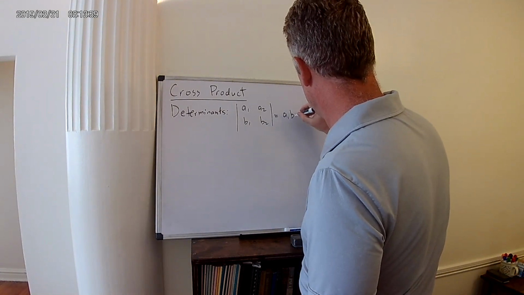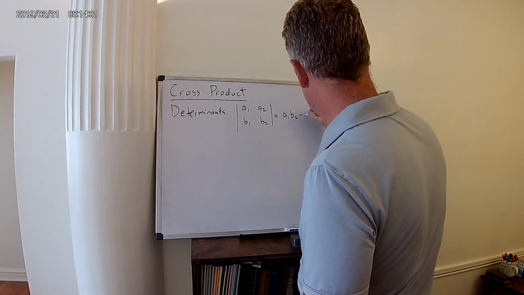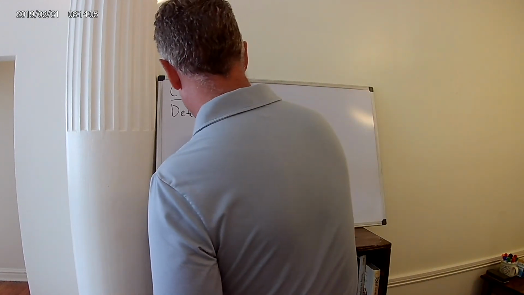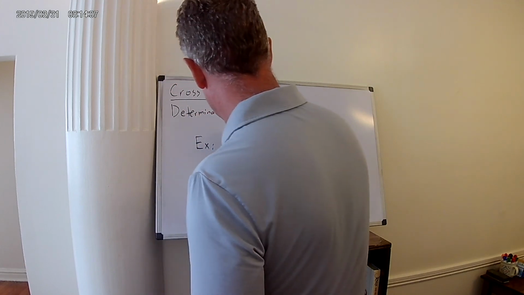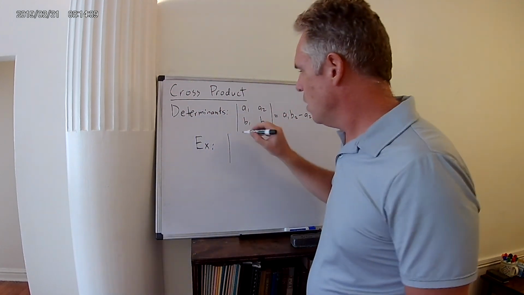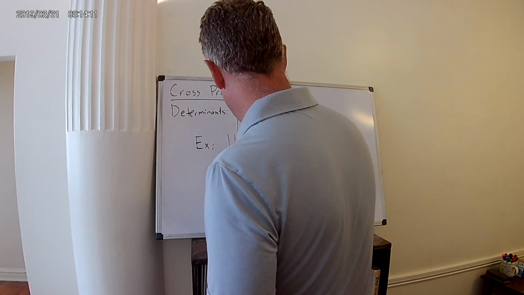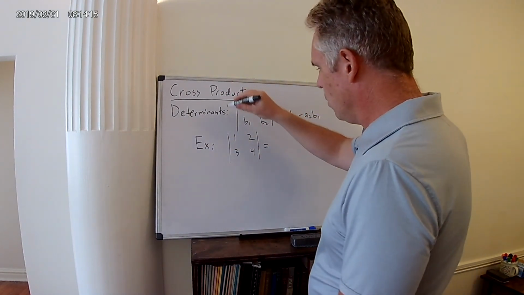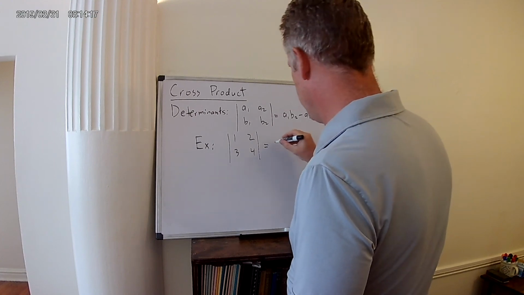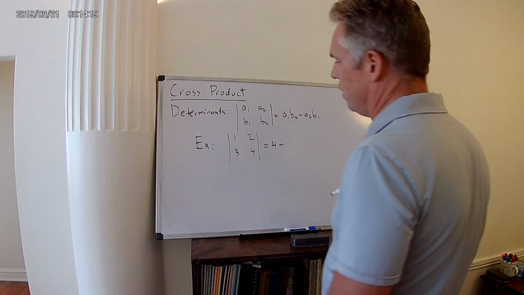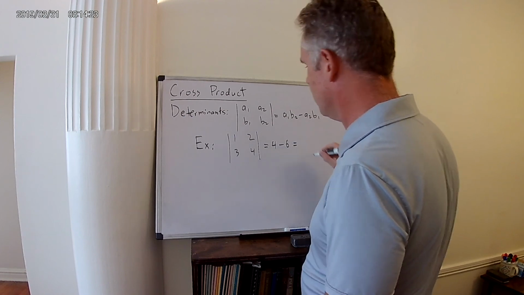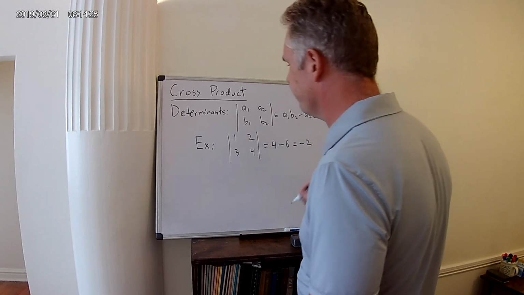So we get A1 B2 minus A2 B1. Okay, let's do an example of this. Suppose we had 1, 2, 3, 4, and we wish to calculate the determinant of that. We'd cross multiply, so we get 4 minus 3 times 2, which is 4 minus 6, and that gives us minus 2.